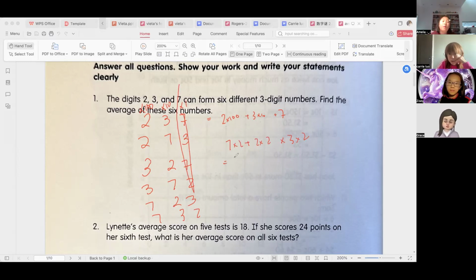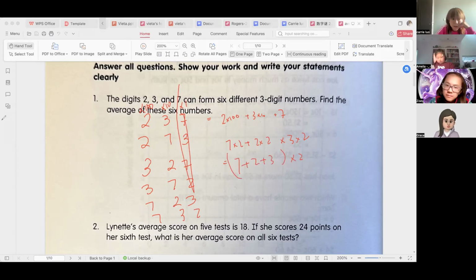So if you put this one, it's 7 plus 2 plus 3 times 2, correct? Okay, so Zoe, Amelia, and Grace, if you take a look at the second one. Mimi, 你干什么呀？今天 Okay, so it's 7 times 20 and 2 times 20 and plus 3 times 20.